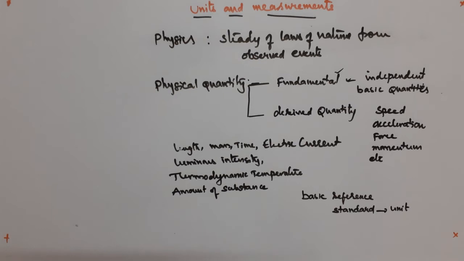While measuring, you should follow 2 points. One is the magnitude of the physical quantity and the other is the unit. For example, the distance between the 2 locations is 100 kilometers.